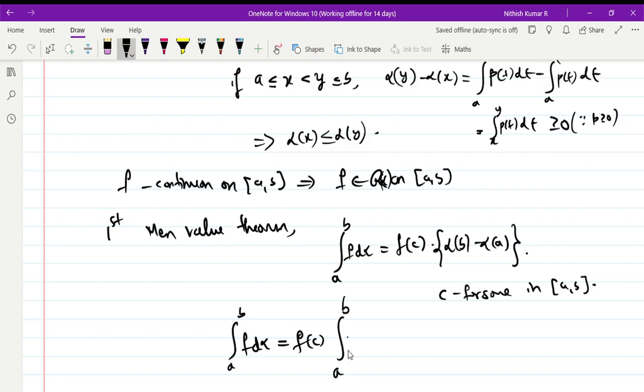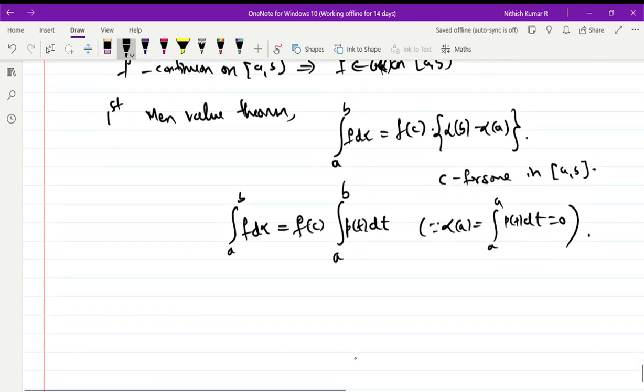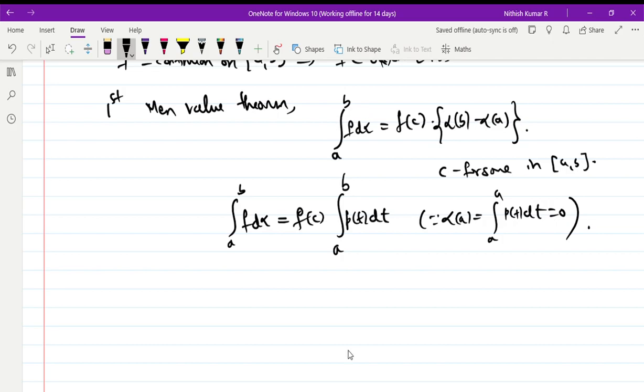Now alpha of b minus alpha of a is nothing but the integral from a to b of p of t dt, because alpha of a is the integral from a to a of p of t dt, which is equal to 0. So we observed that alpha is differentiable on [a, b], and alpha dash of x is equal to p of x on [a, b].